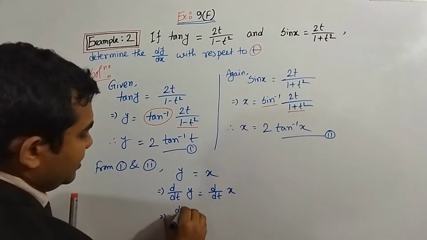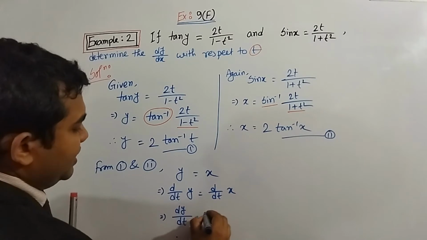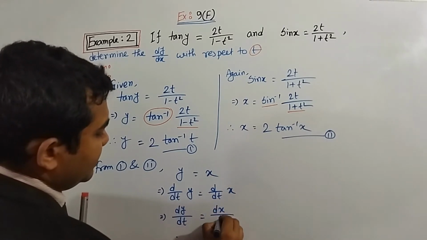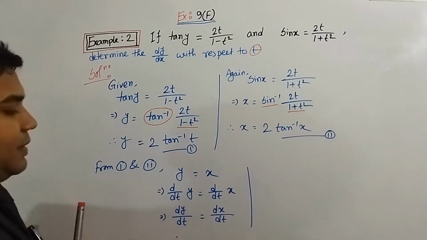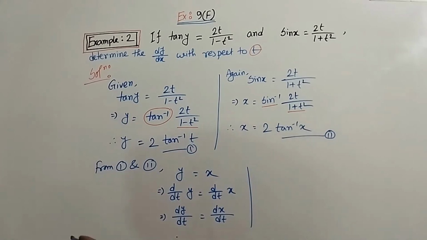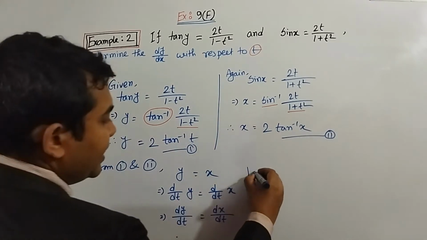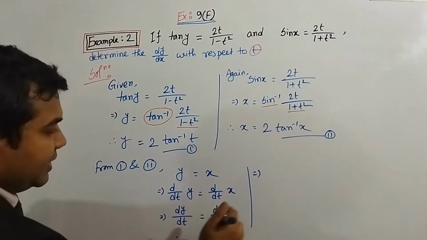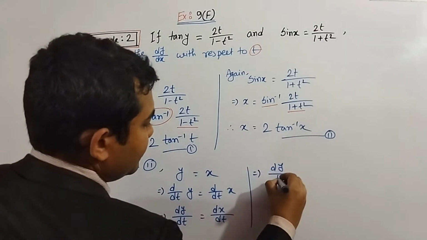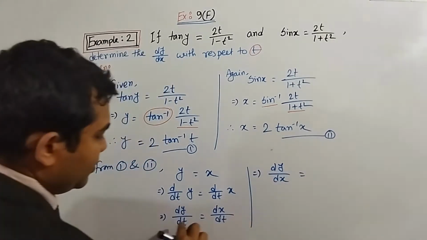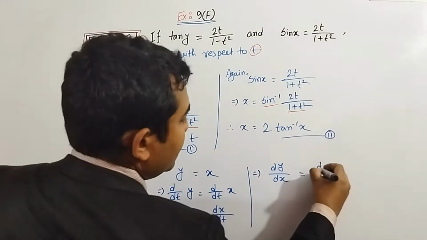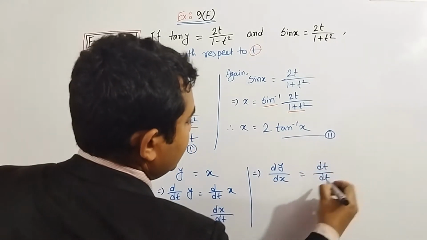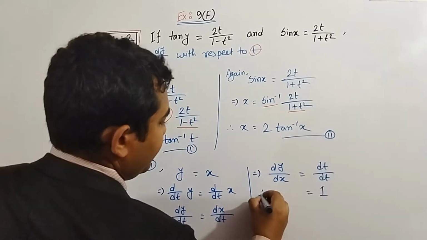That means dy by dt equals dx by dt. From here we can write very easily dy by dx equals dt by dt, that means 1.